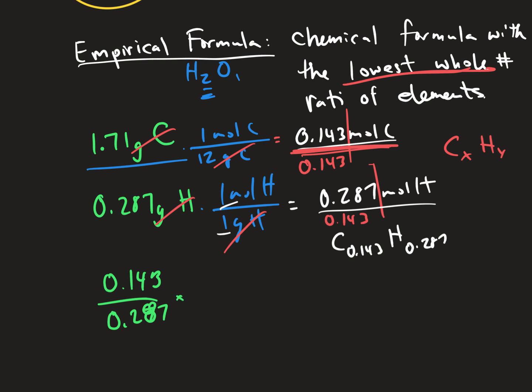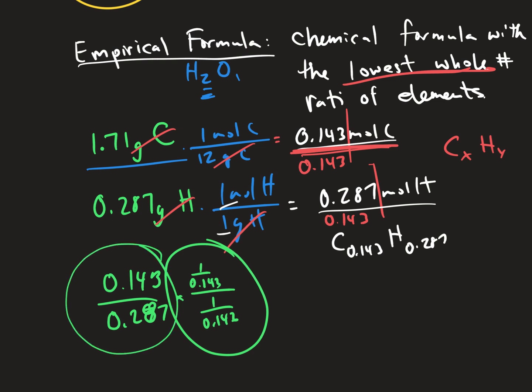So we're going to multiply both of them by the same thing to get these whole numbers, right? This is probably what Veer is doing in his head. Multiply by 1 over 0.143 over 1 over 0.143. This is a value of 1, right? We didn't change its value. It still has the same ratio. We're good, right? So if we divide this by it, it converts into 1.